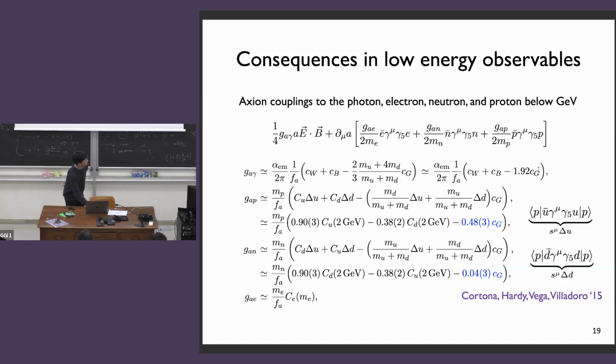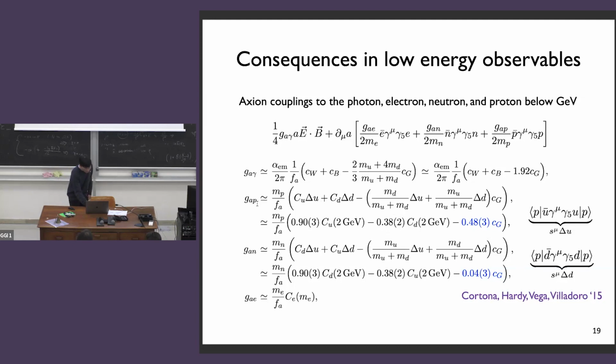And this contribution is from axion gluon coupling arising from axion pion mixing. And here, the axion proton coupling is matched to the axion couplings to quarks and gluon. And here, delta u means the matrix element of the up quark component inside the proton, and delta d is the down quark component inside proton. Yeah, then numerically we have this relation.